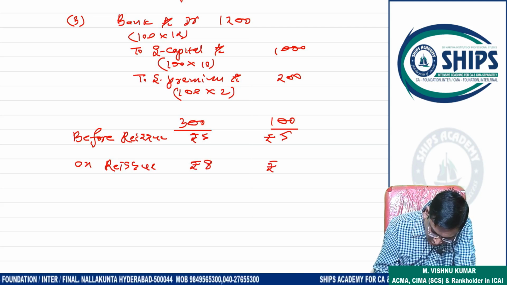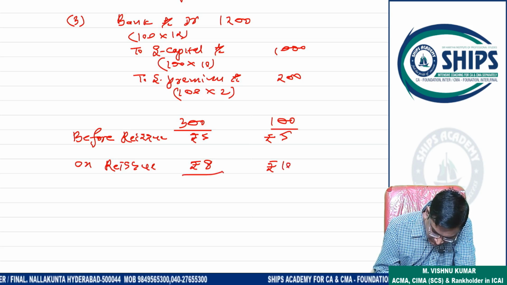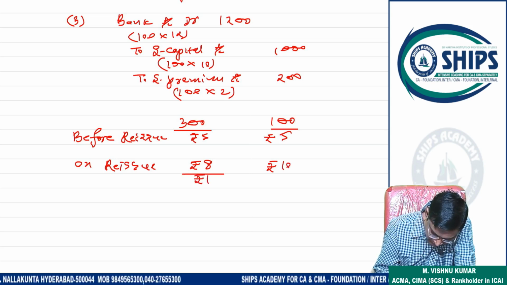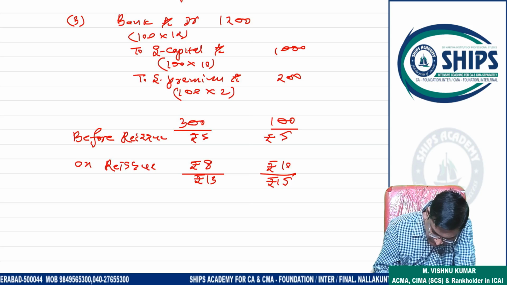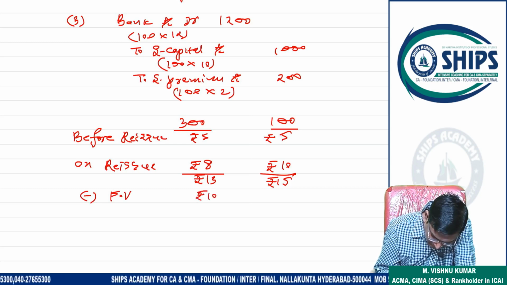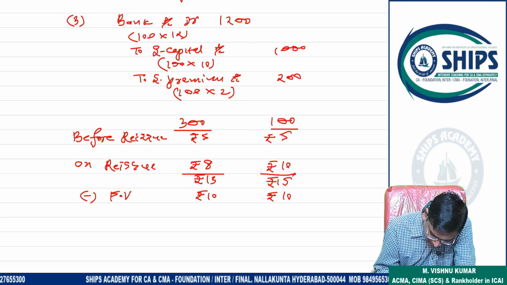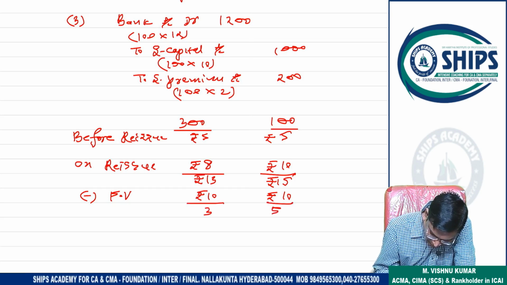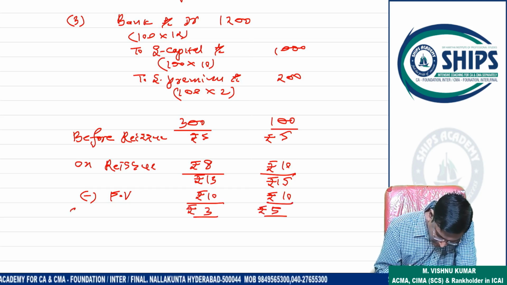On these 100 shares we will receive 12, but 2 premium is not considered, so 10. Total 13 rupees here, minus face value 10 rupees. Also here gain 3 rupees and 5 rupees gain per share.